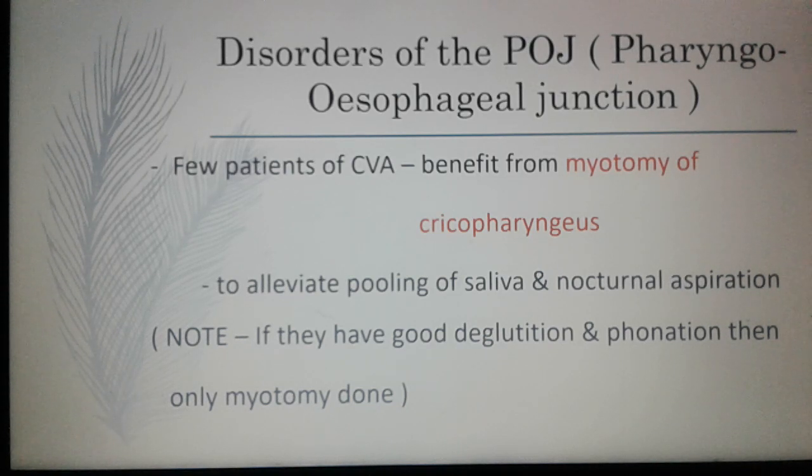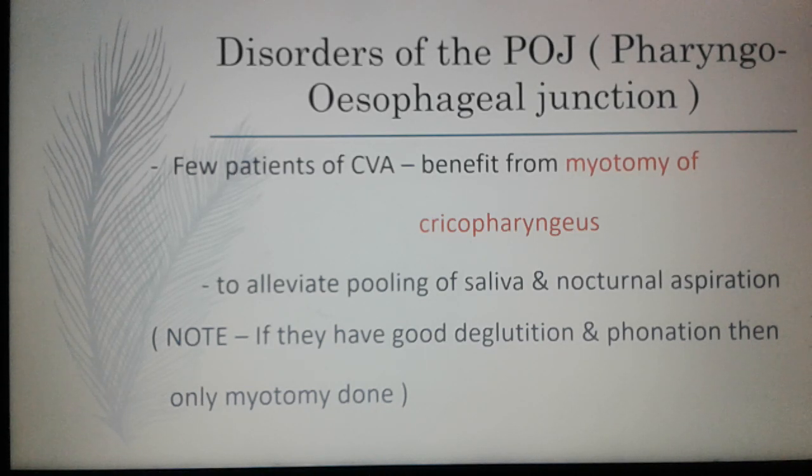But the important thing is, they must have good deglutition and phonation. If these two things are there, then only we are going to opt for myotomy. Otherwise, this is not going to benefit that patient.